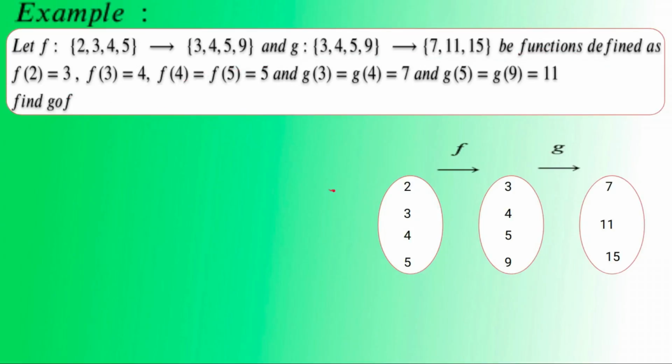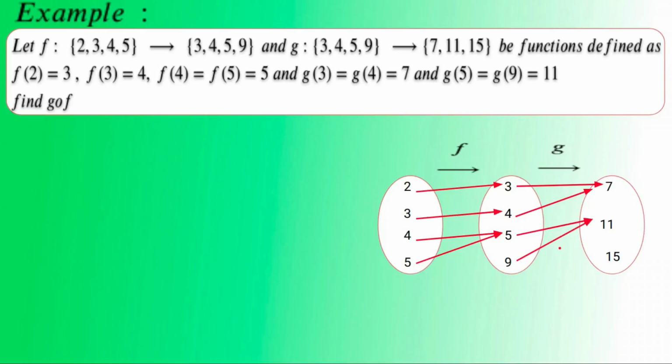F is defined by f of 2 is equal to 3, f of 3 is equal to 4 and f of 4 is equal to 5, f of 5 is also 5. And G is defined as G of 3 is equal to 7 and G of 4 is equal to 7, G of 5 is equal to G of 9 is equal to 11.